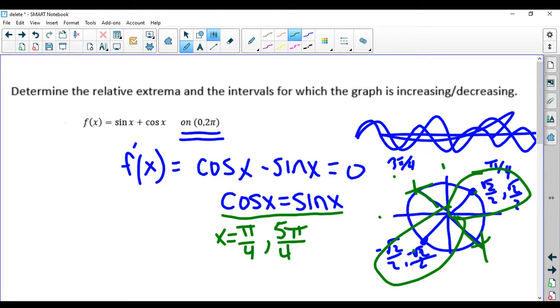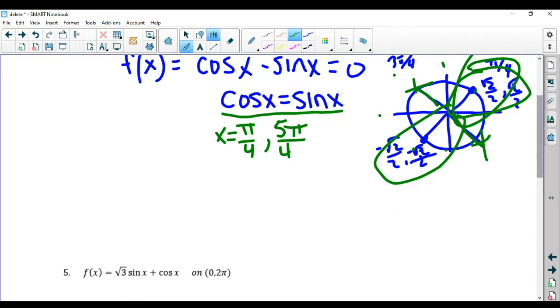You could go on to say 6, 7, 8, 9 pi over 4, etc. But 0 to 2 pi means just stick with one revolution around the unit circle. All right, so we have our critical numbers. Now we make our chart.